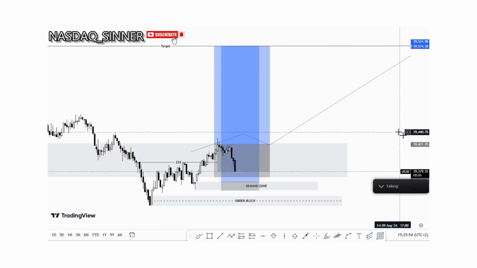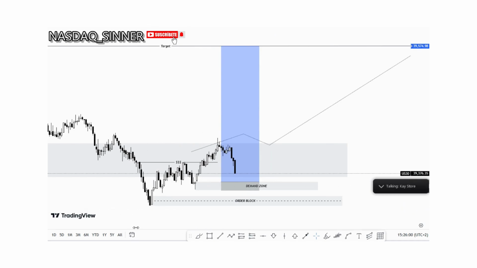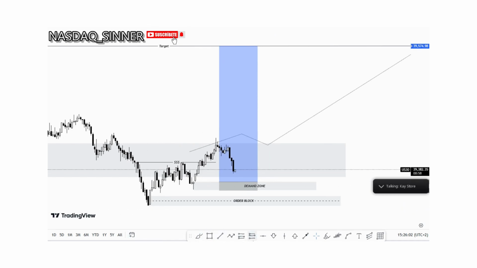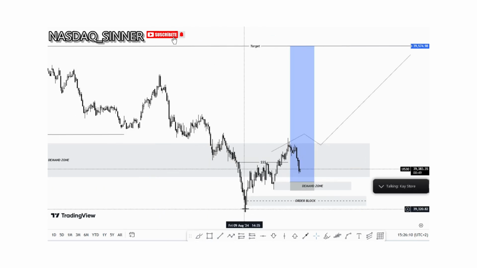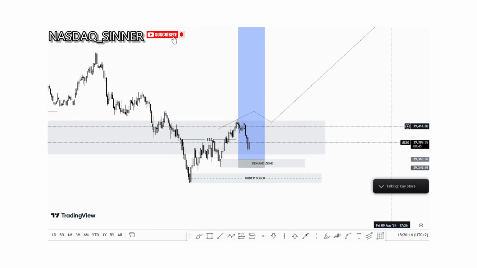So yeah, which means this one is violated, right? You could see that it's actually heading to that demand zone over there. Then yeah, we can actually trade it as soon as it touches this point over here. Which means we are actually in a good way to buy USDT.